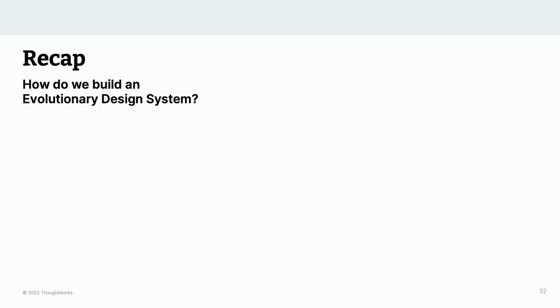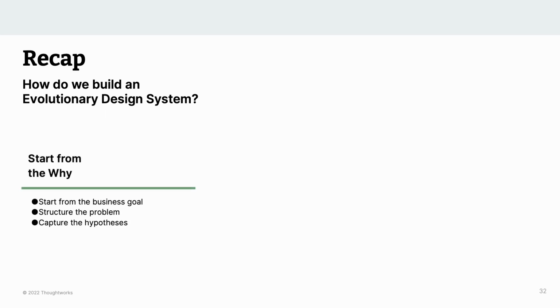All right, to recap, how do we build a valuable, future-proof design system for our product teams? We should start from the why and treat our design system as a product: start by defining a business goal, structure the problem space, understand the user needs, and then capture our assumptions into hypotheses.